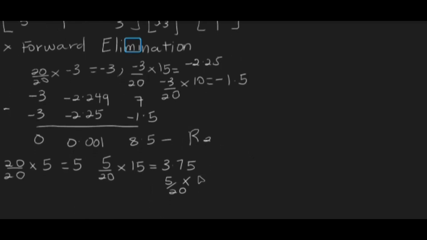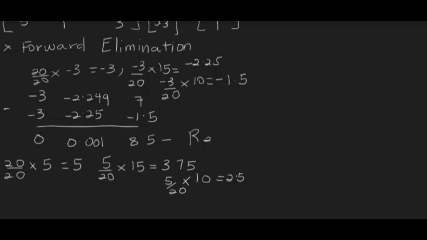So 5 on 20 times 10, and what will I get? 2.5. So once I get this 2.5, I've got my new entries.